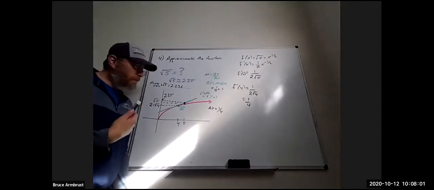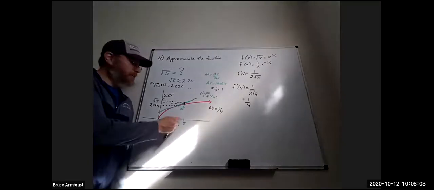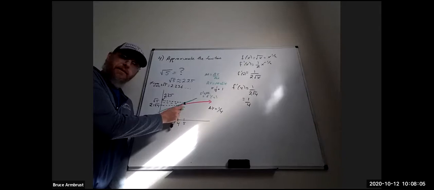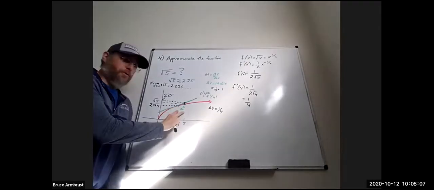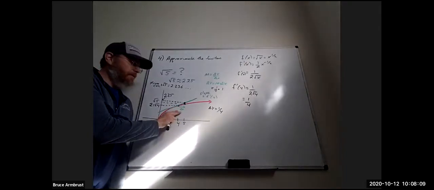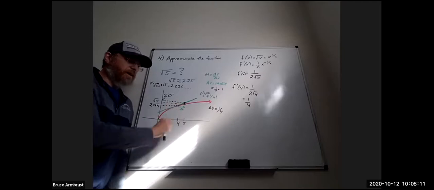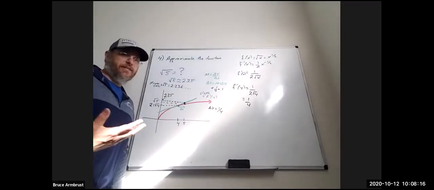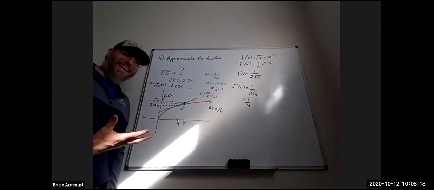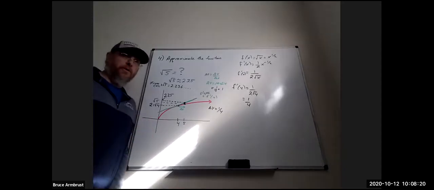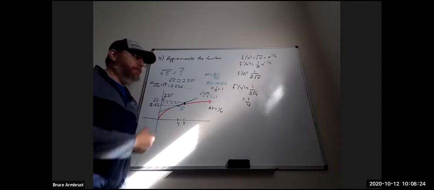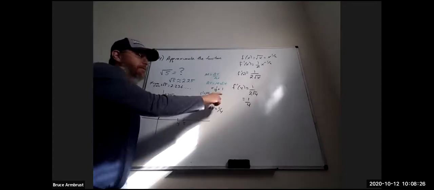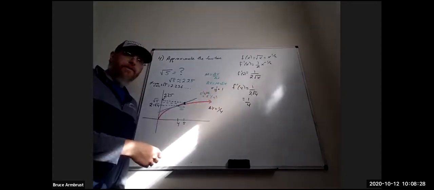right? Now, what would make it an even better approximation is if that delta x was smaller. If it was a smaller horizontal step, then this line would look more like the curve and it'd be an even better approximation. So this is actually way better for something like, what if we want to know the square root of 4.1? Well, we could do exactly the same thing, except instead of a 1 here, it'd be a 0.1.